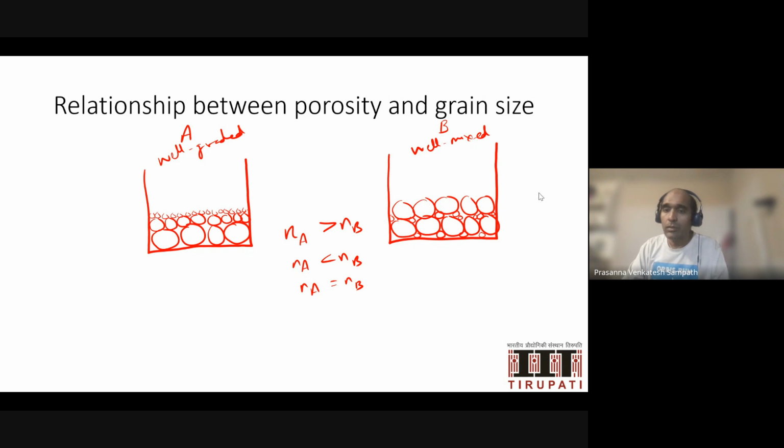Okay, let's. Which of these options is correct? Same thing. NA greater than NB. NA less than NB. NA equal to NB. Okay, go ahead, please vote.